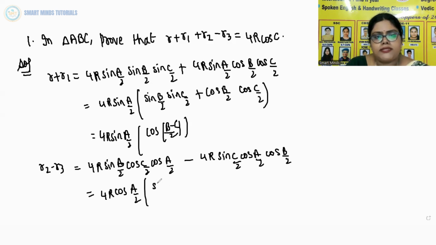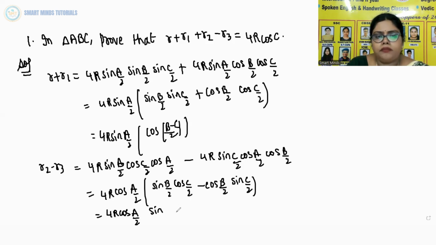So we will get sin B/2 cos C/2 minus cos B/2 sin C/2. Now this bracket is in the form sin A cos B minus cos A sin B. The formula is sin(A minus B). So 4R cos A/2 sin((B minus C)/2).